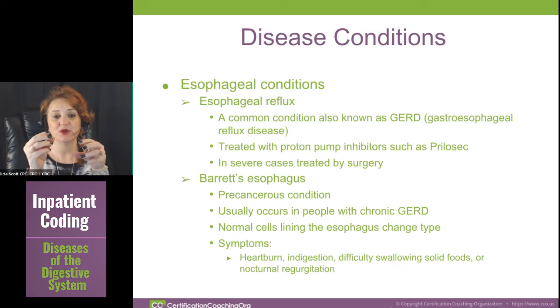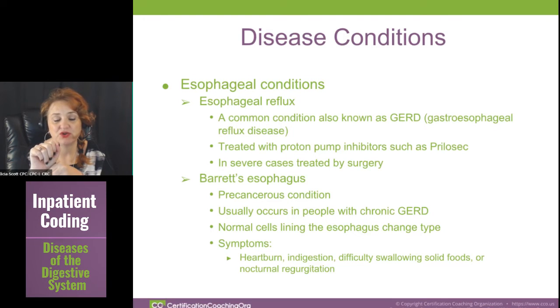So then you have gastric cells in the esophagus. What happens when you have cells that do what they're not supposed to do? That's precancer. So Barrett's esophagus is a serious condition.